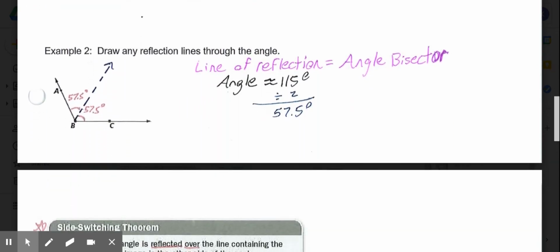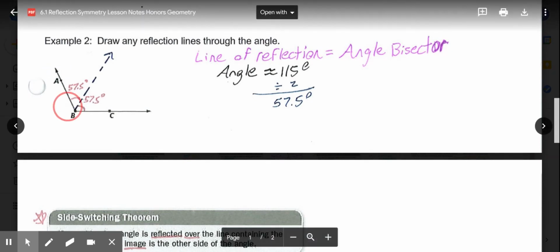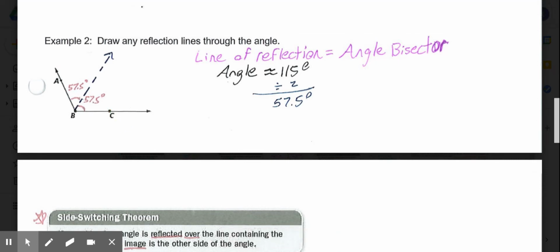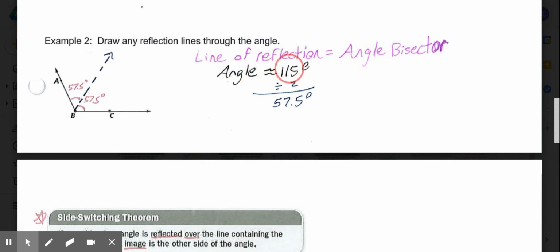Example 2 says draw any reflection lines through the angle. So we're just given angle ABC here. What I want to do is measure angle ABC. I measured angle ABC and it was approximately 115 degrees.